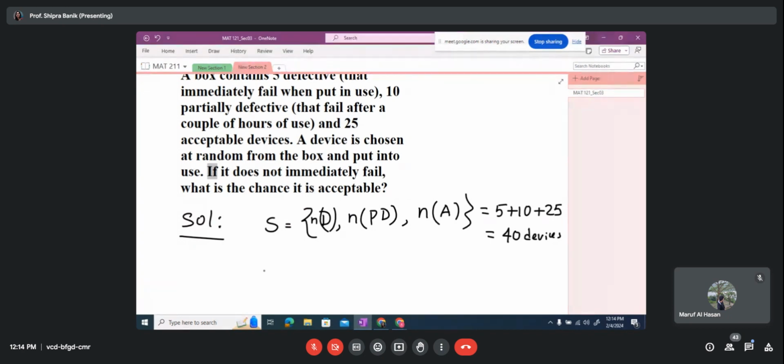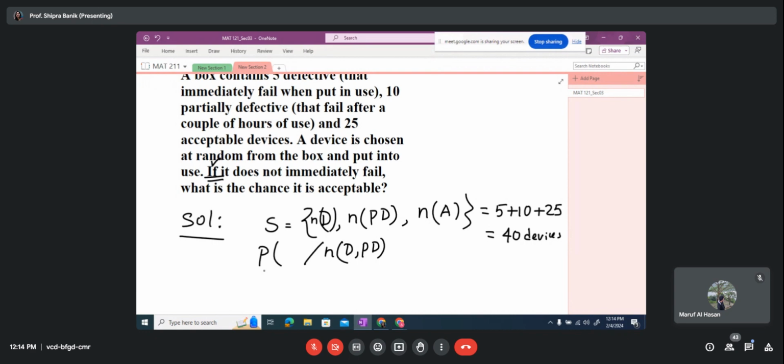Let us see how it is possible, because I have got a word, which is if. For this reason I'll divide it into two parts because I have given information in two ways. If it does not immediately fail, what does it mean? That means it can be D or it can be PD. Am I correct? Then what is the chance?